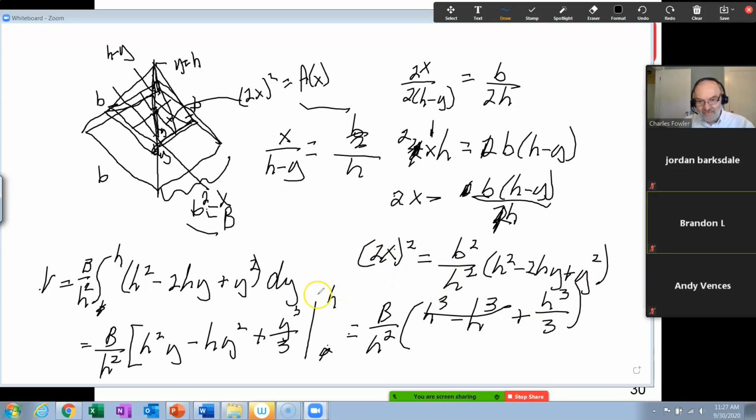This h squared down here will divide into that h times, and what do you get as your answer? 1/3 the base times the height, which is exactly what they told us the formula was to begin with. They put the h in front. The volume is 1/3 the height times the base. That's exactly what we found it to be.